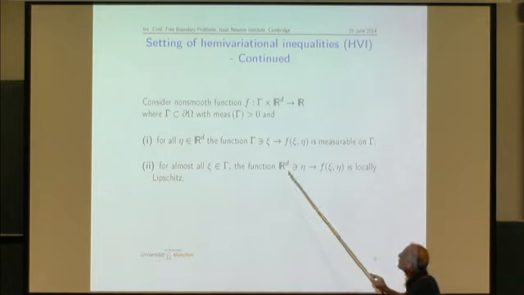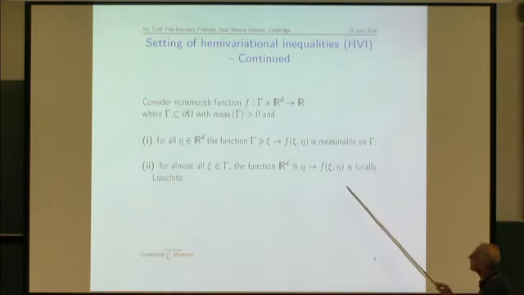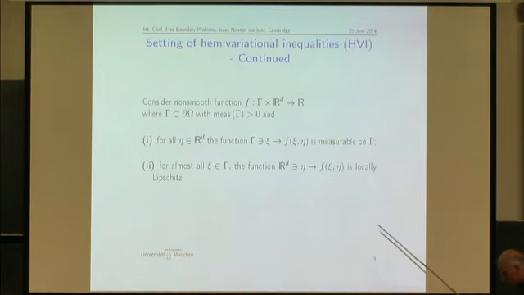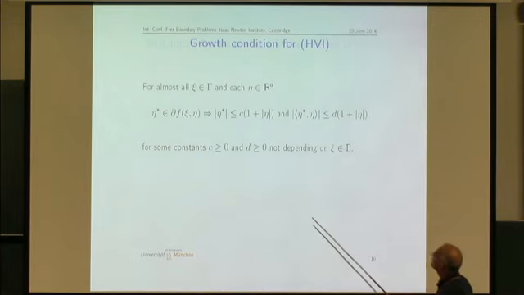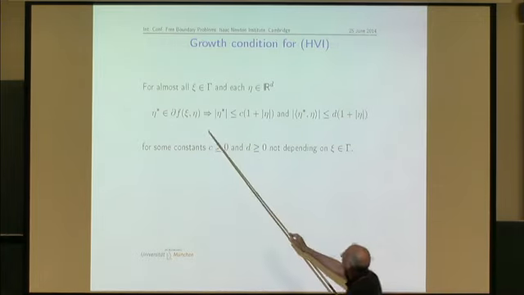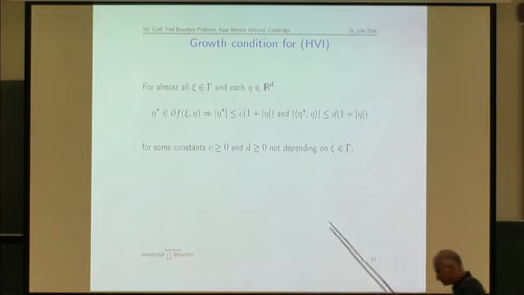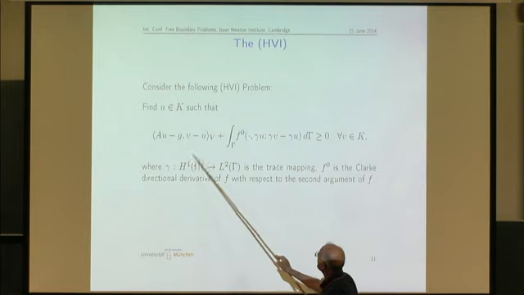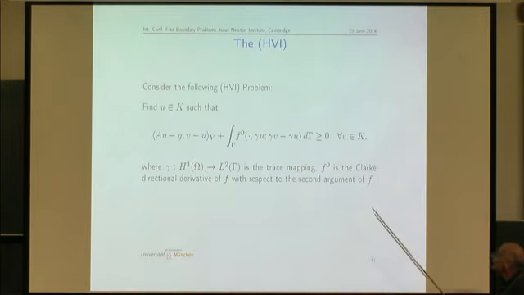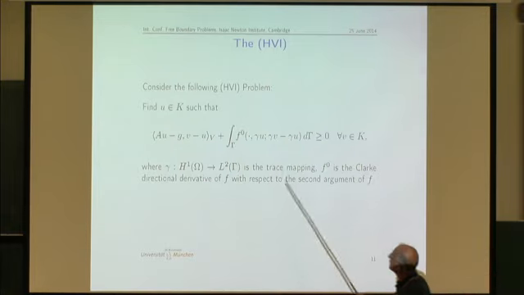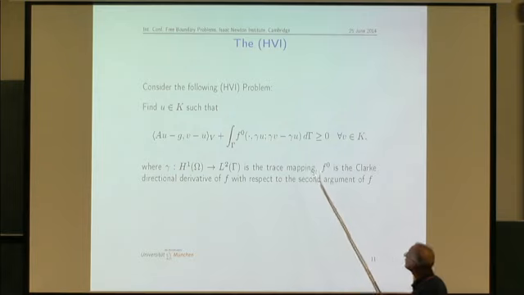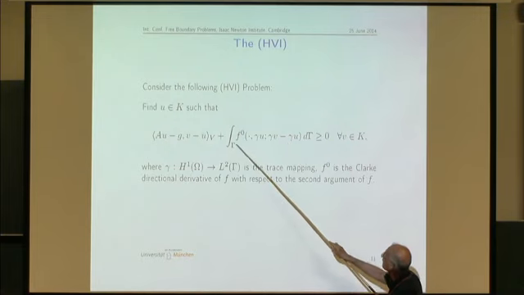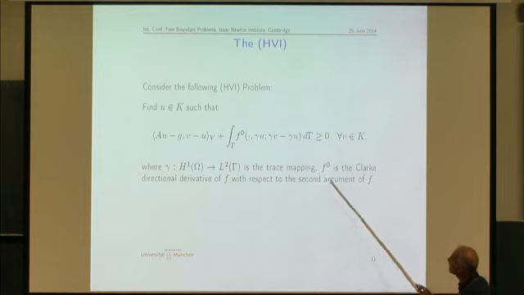Of course, you use some mathematical assumptions, some measurability assumption, and as I said before, we assume this is a locally Lipschitz function, and moreover you have to assume some growth condition, and so you end up with this problem of HVI, hemivariational inequality problems. To write it in more precise terms, because we are working on the bounded part Gamma here, you put in here the trace map gamma here.